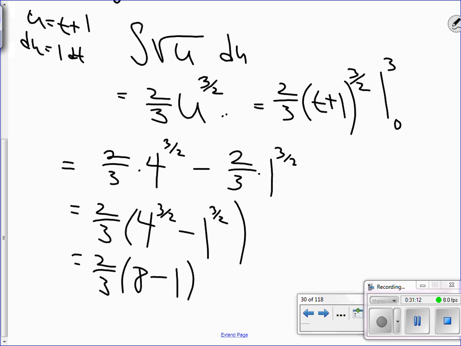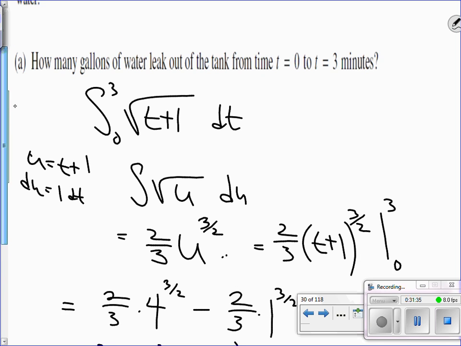So we get 14/3. And as far as the units go, I forgot what we were even doing.